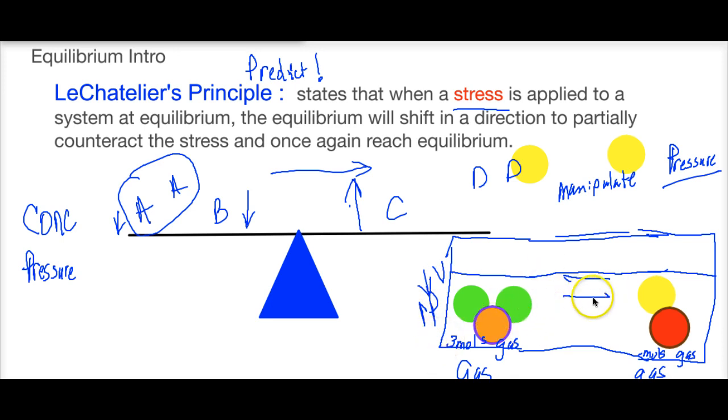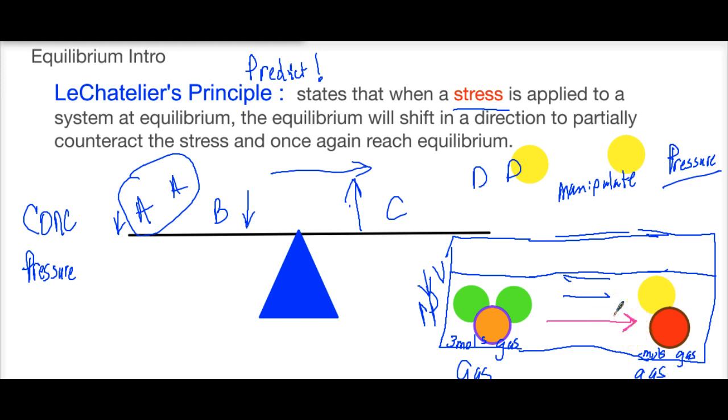It's got two choices. It can make more reactants or it can make more products. It's going to make more products. So you're going to shift the reaction toward the fewer moles of gas, returning the system to pressure equilibrium.